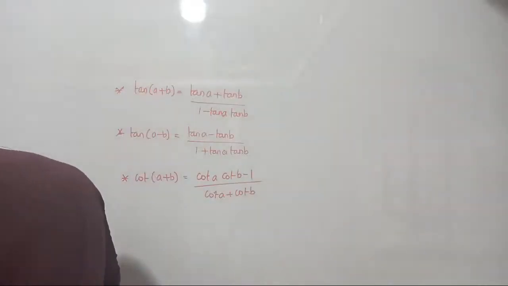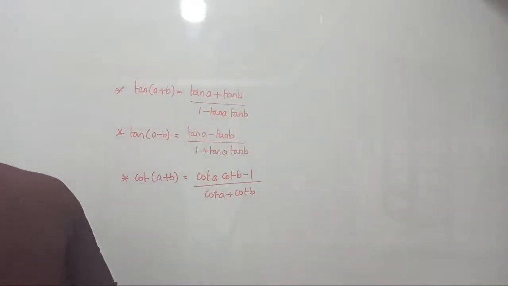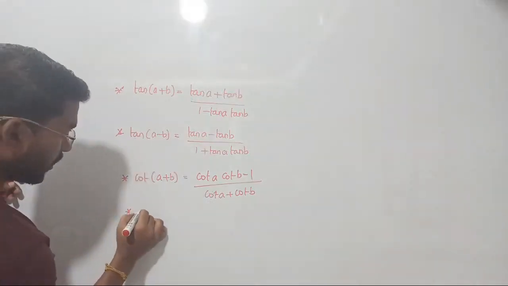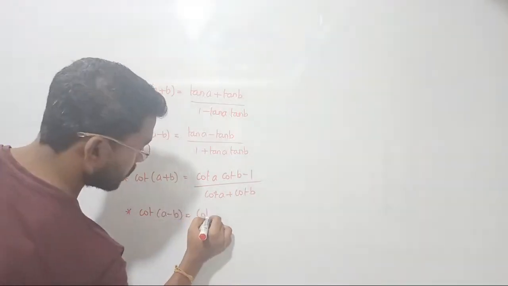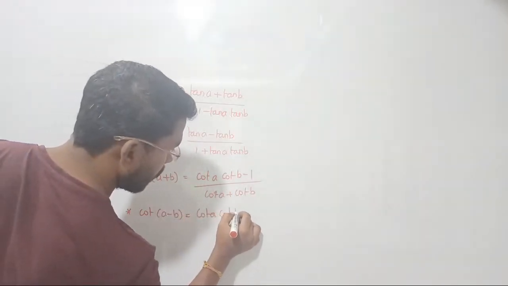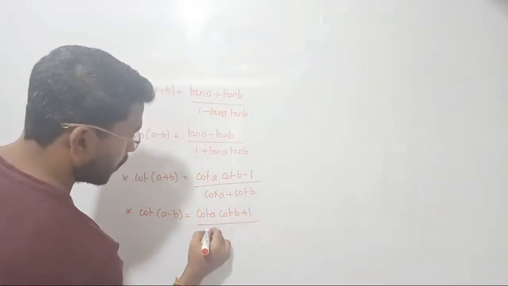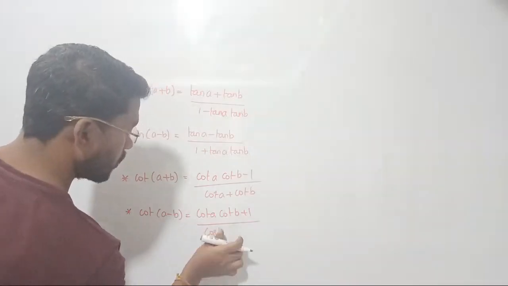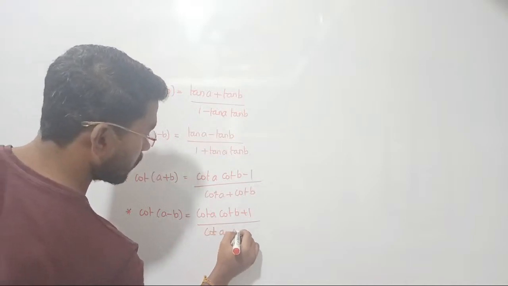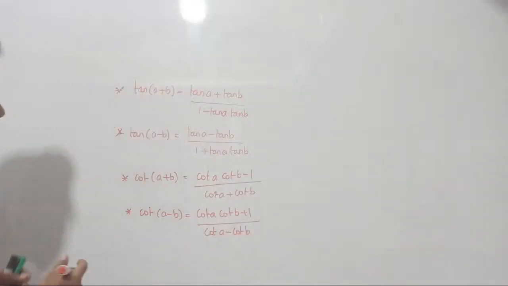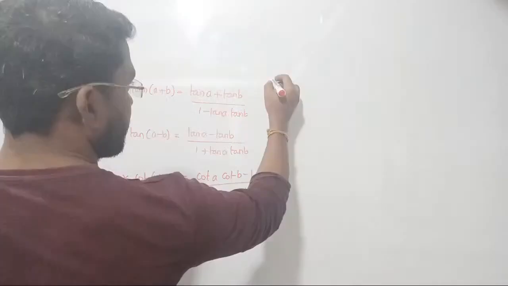Next, cot of (a minus b) is cot a cot b plus 1 upon cot b minus cot a. Clear? So that is cot of (a plus b).